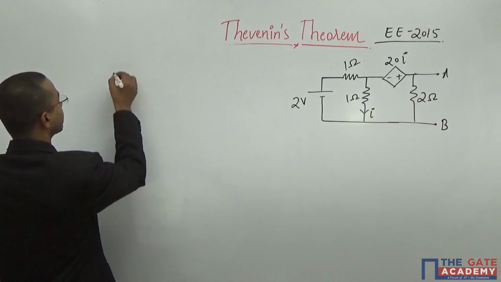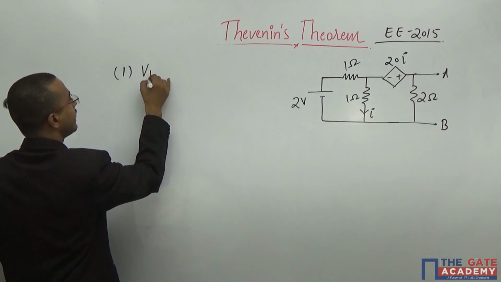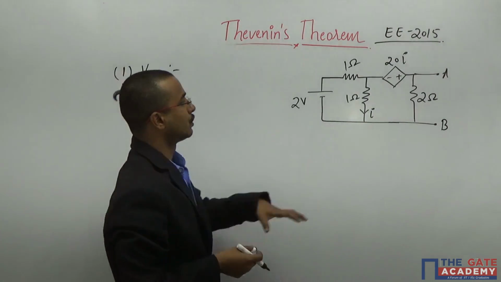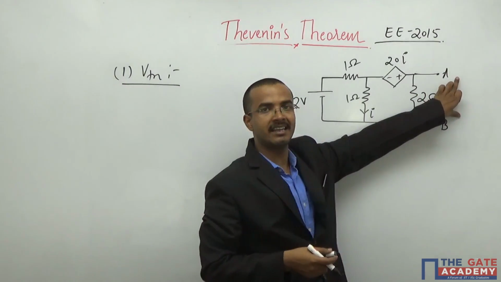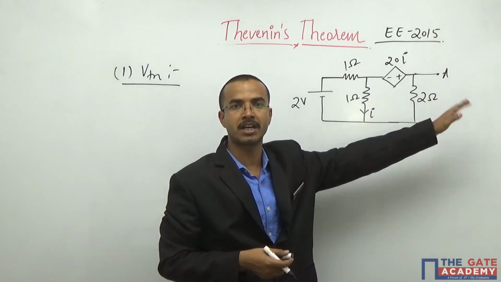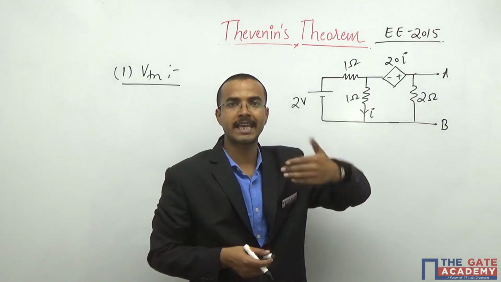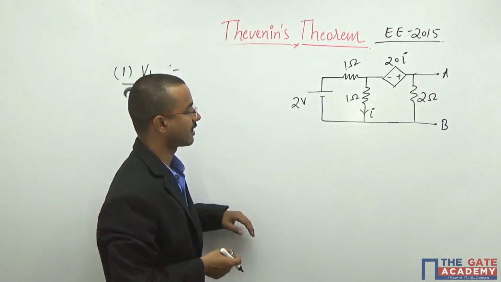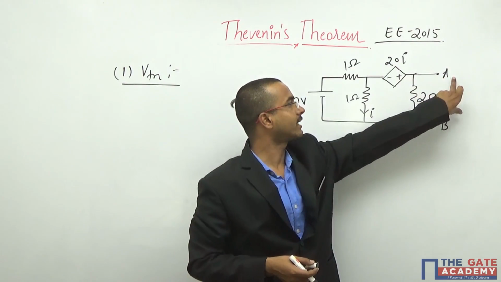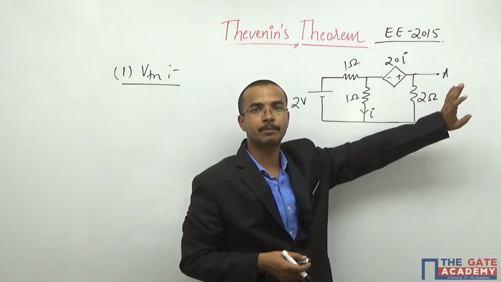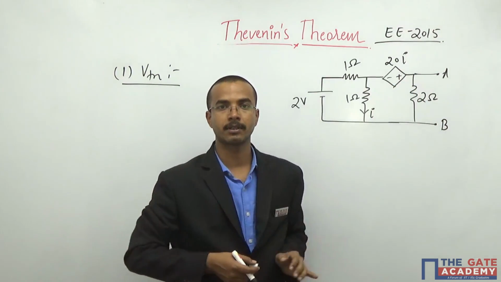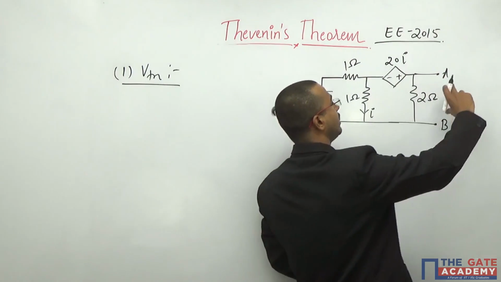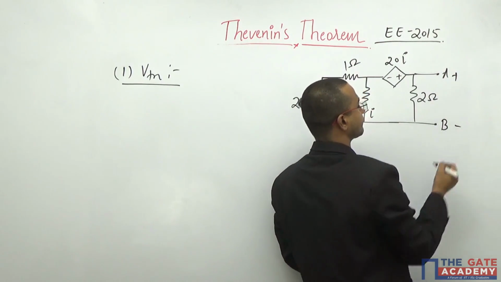That means the first case, the VTH calculation. As you got the open circuited terminal directly here, you do not have to worry about the first procedure. You have to calculate only how much voltage you are getting here.